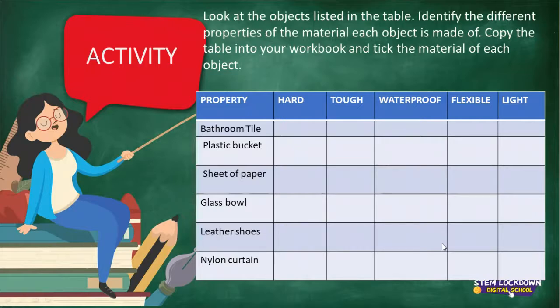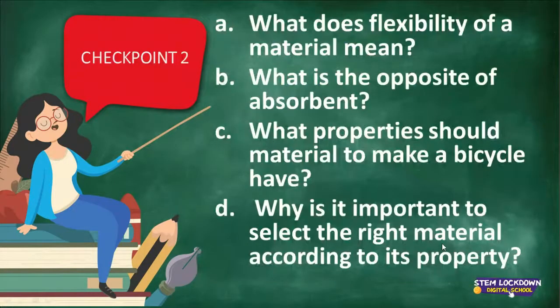Now, the next checkpoint. I want to know from you, what does flexibility of a material mean? Remember, flexibility, we did it when we were talking about properties. Flexibility, very simple.